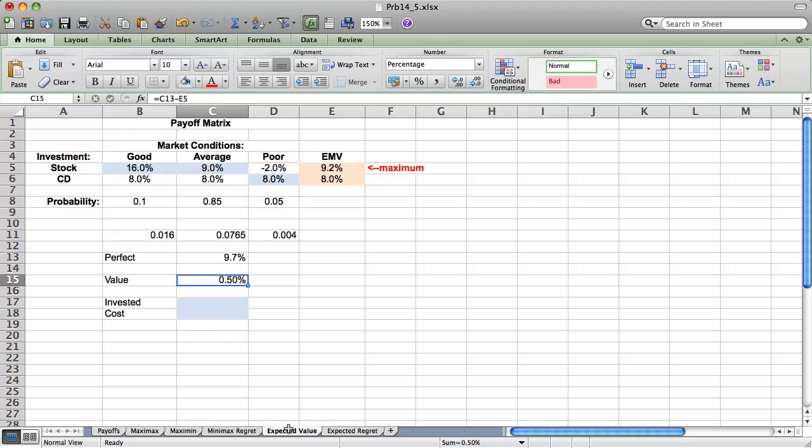So here we're computing the EMV, or the expected monetary value, of the investment choice that Philip is trying to make.